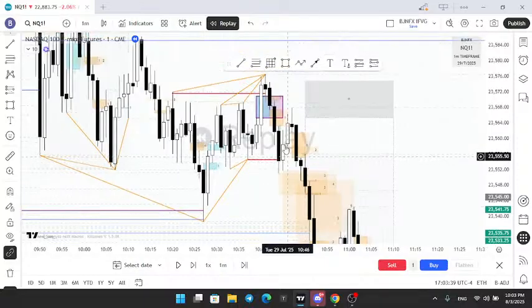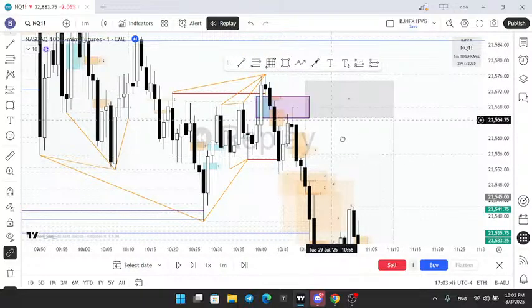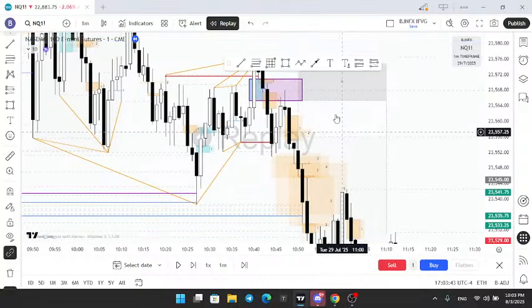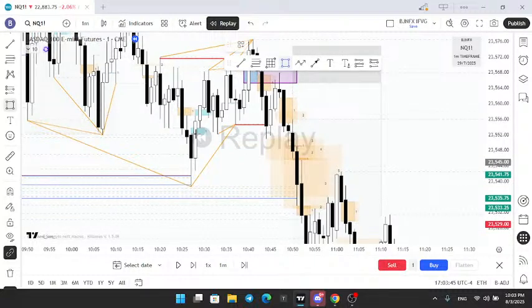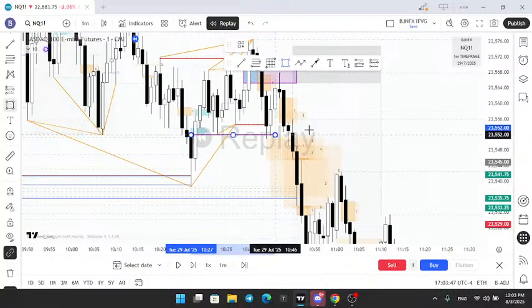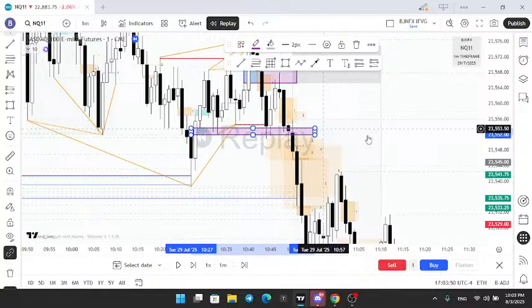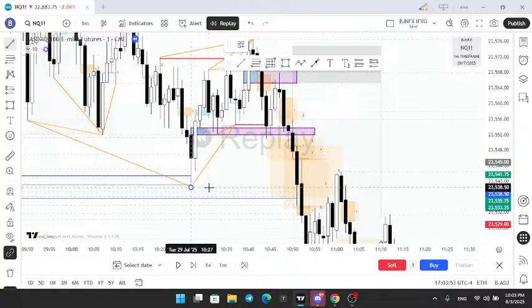Price mitigated the inversion, went down, and inverted this 1 minute here. The setup wasn't very clear, but still it's valid.